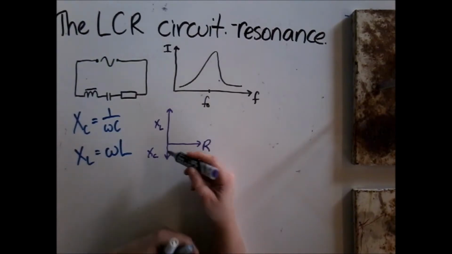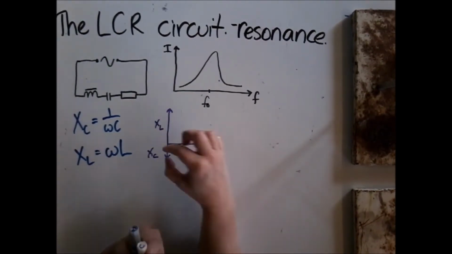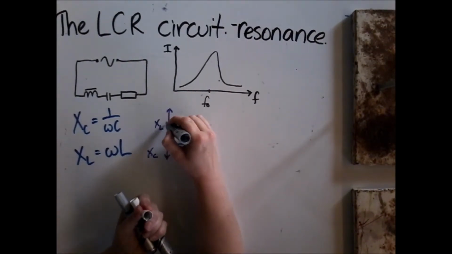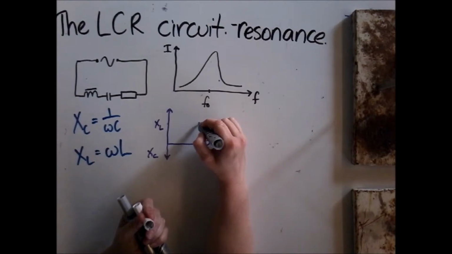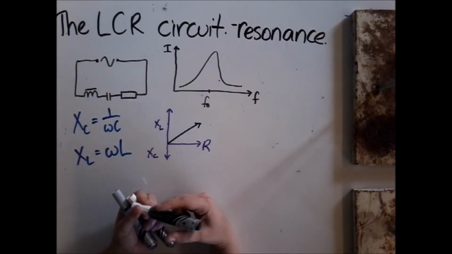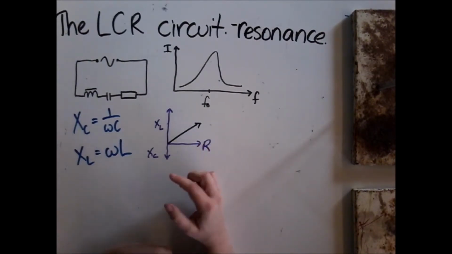And when we find the impedance of the circuit, we get a relatively big impedance.